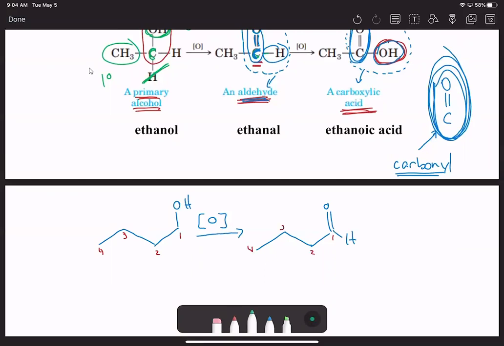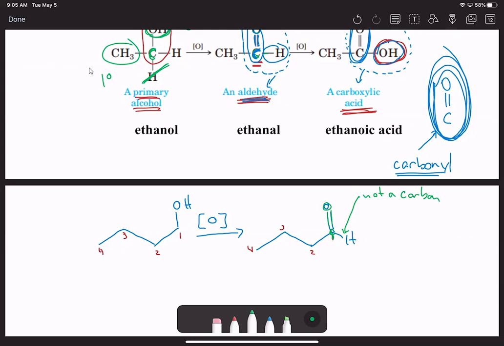I want everybody to understand that this is not a carbon. That's not carbon number 1. Carbon number 1 is right here where we have this carbonyl. And that's carbon number 1.